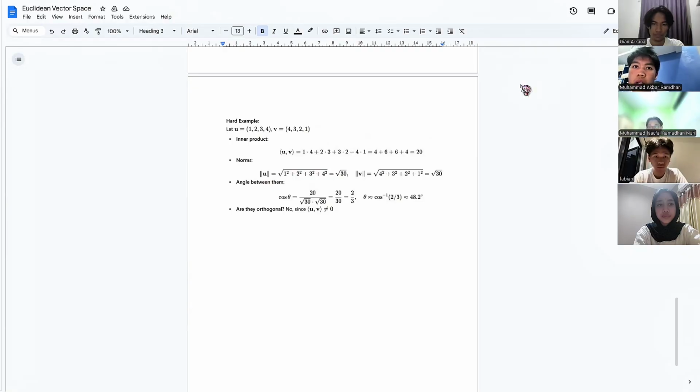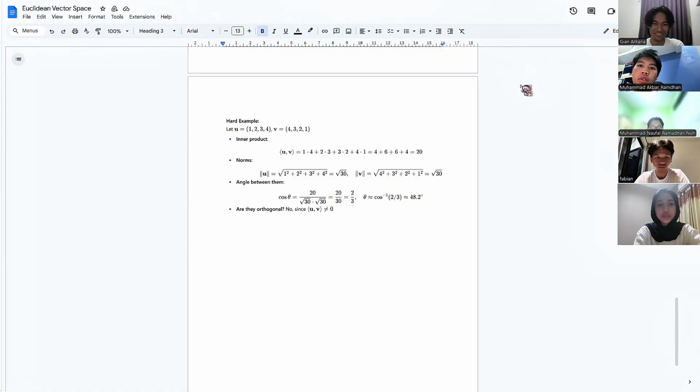And then now we find the angle between the two vectors. We use the formula where the cosine of the angle is equal to the inner product divided by the product of the magnitudes. That means we take 20 divided by the square root of 30 times the square root of 30. This simplifies to 20 divided by 30, which equals 2/3.